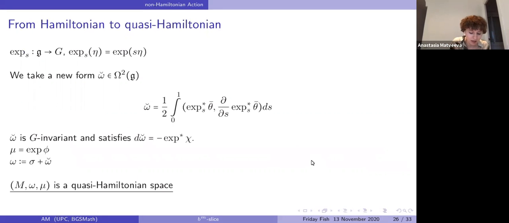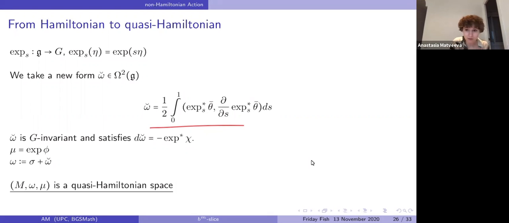So here, as I mentioned, to get a quasi-Hamiltonian space from a Hamiltonian one, you need to do a very simple modification. You take a two-form that's not closed and somewhat degenerate, a very particular form, such that if you add it to your symplectic form omega, the new form will satisfy the condition from the quasi-Hamiltonian definition.